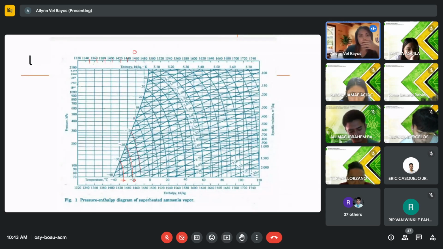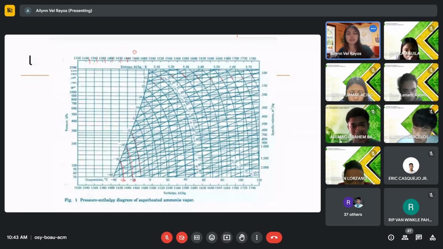You have negative 10, 0, 10, 20, 30, 40, 50, 60, 70, 80, 90, 100, 110, 120, tapos 130. Okay? Clear ba tayo sa temperature?